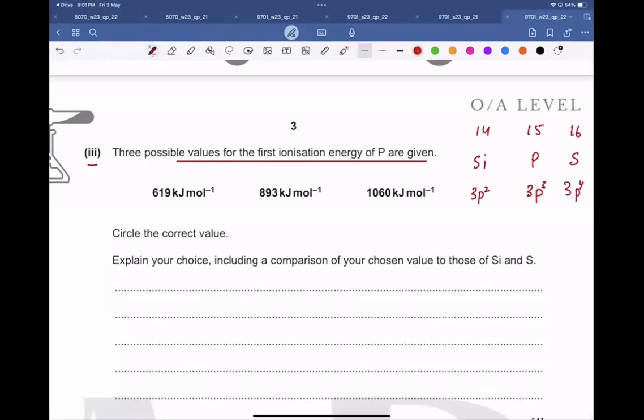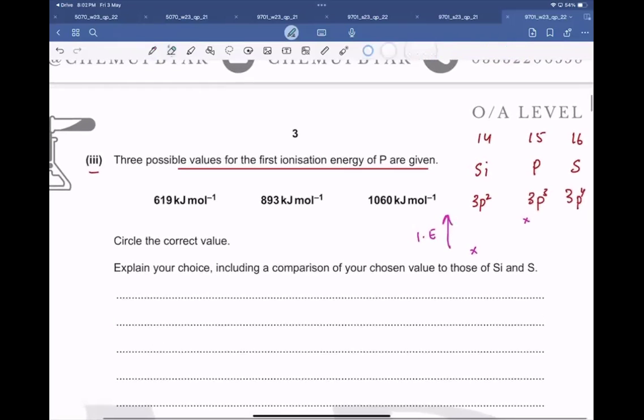And if you recall the ionization energies, it would be like this. If this one is silicon, then this is phosphorus, and this one is for sulfur. So sulfur's ionization energy would be like this.